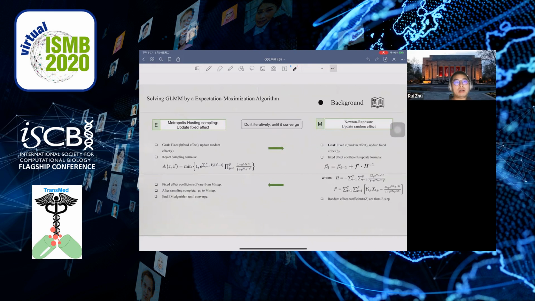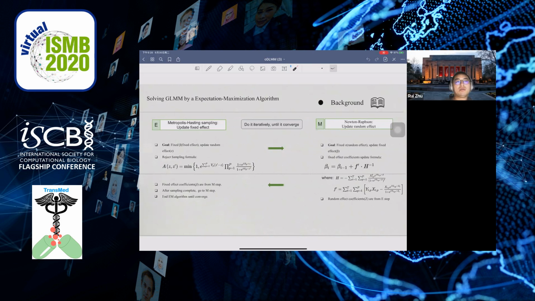Let's briefly talk about how to optimize regular GLMM first. The whole optimization process is an expectation maximization algorithm, an EM algorithm. Well, the E part is a Metropolis Hastings sampling method, which fixes the fixed effect coefficient beta to optimize random effect Z. Here, the proposed function A(Z, Z'), means the probability of Z should be replaced by Z', where Z is sample point from the last iteration, and Z' is a new sample point.